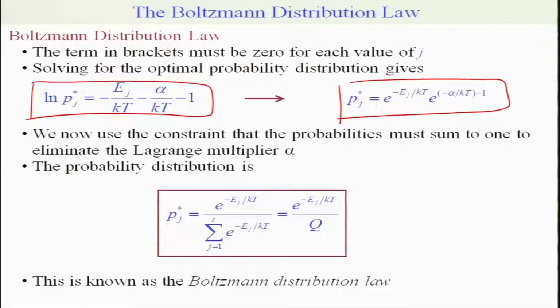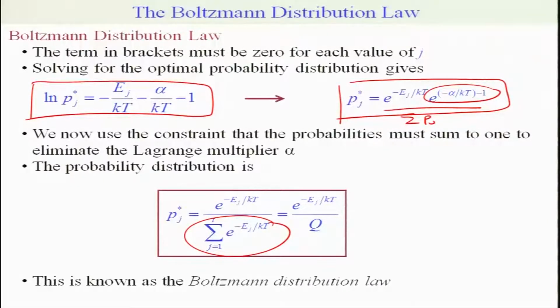Now, in order to get rid of alpha, we make use of the fact that we normalize by the summation of P_j, which should be 1, and this is what we have done here. Alpha is a constant, so we can get rid of it. What remains is e to the power minus E_j divided by kT, divided by the summation of e to the power minus E_j by kT.